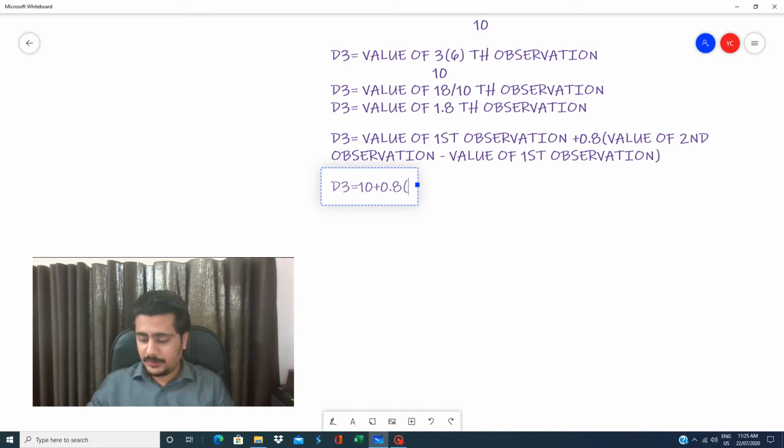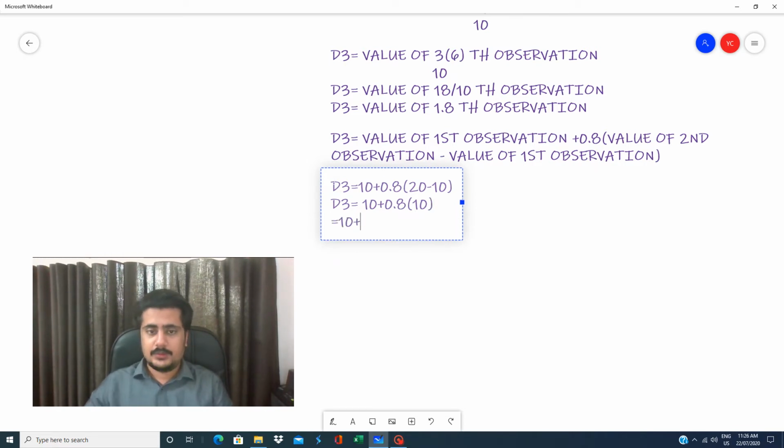Value of second observation is 20, minus value of first observation, which is 10. So your D3 is 10 plus 0.8 into 10. So it's 10 plus 8, that is 18. Okay, so this is your D3.